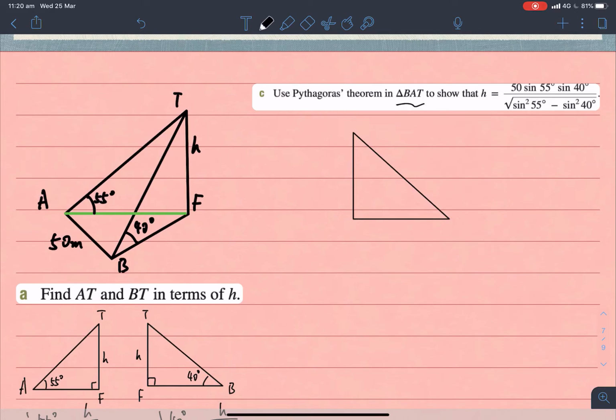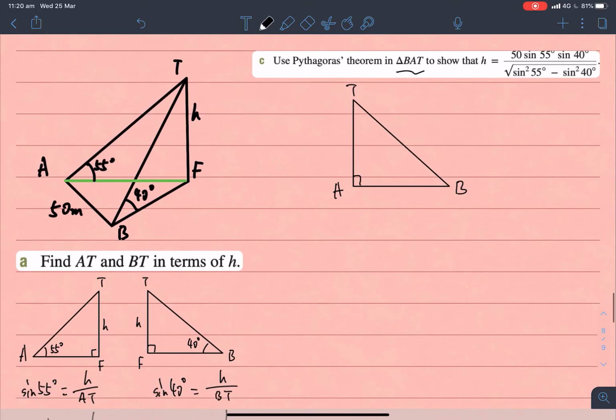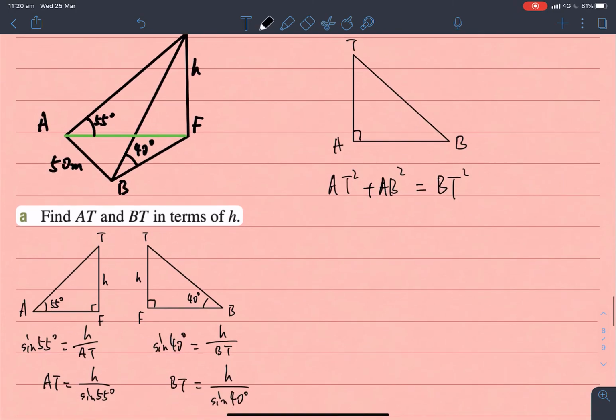Okay, so we got ABT. If this is a right angle triangle, it should be like this. That means AT square plus AB square equals BT square. So just substitution.